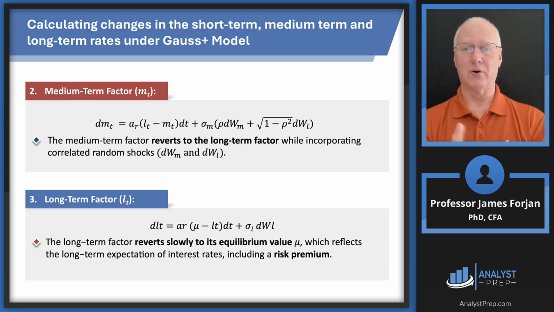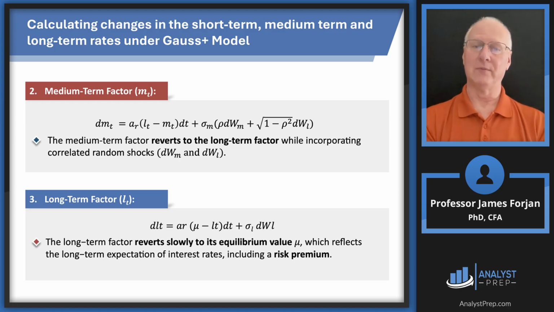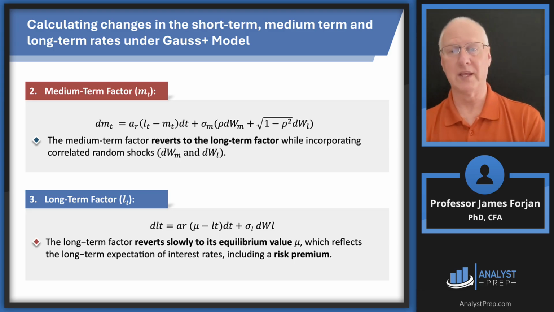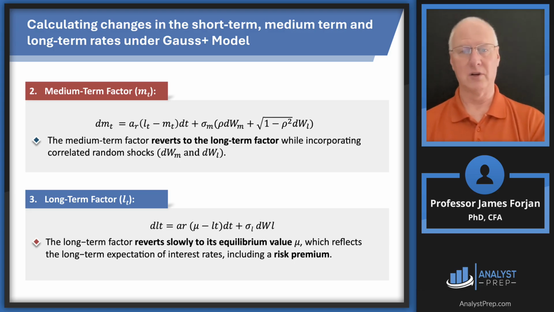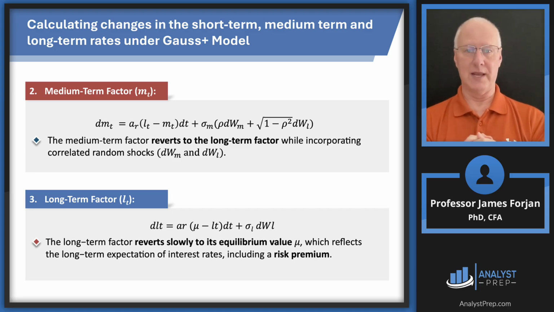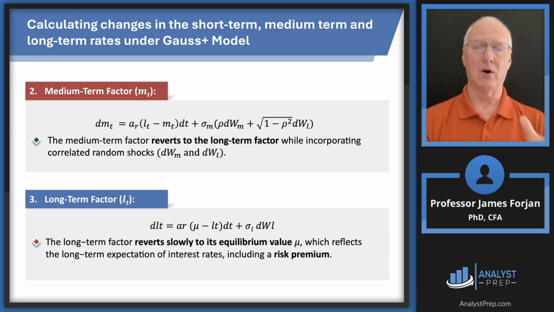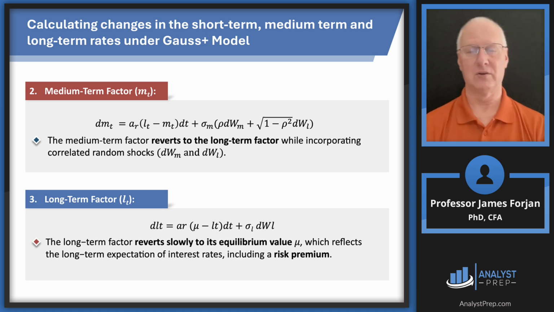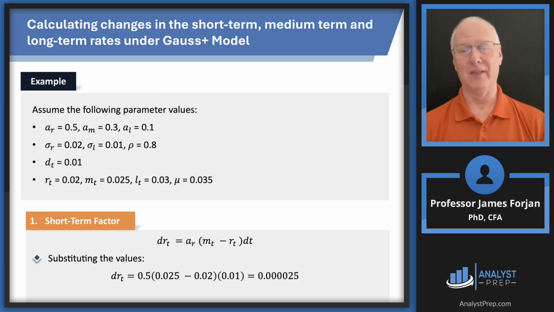So you have correlation in that first part times the shock, and then you have 1 minus the r squared, think of it that way, times the long-term shock. So the cool thing about this medium-term factor is that it is considering not only what happens in that 2 to 3 year period, but it's considering what happens in the 2 and 3 year period and how it relates to that longer-term period.